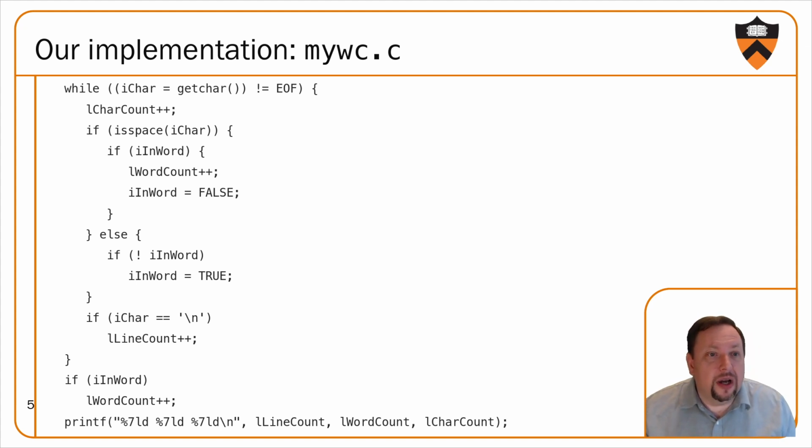So a couple of things to notice about this. One is that it uses a number of variables. In fact, it uses 5 of them. They are declared as static variables in the file, and we're going to expect your assembly language version of this to behave in exactly the same way.